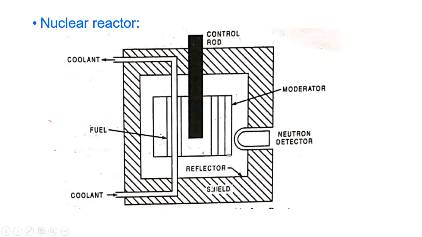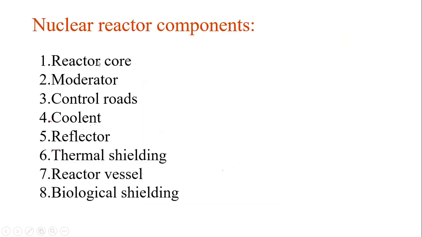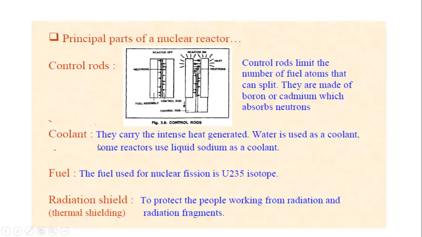In the shielding, we have biological shielding and thermal shielding. These are the eight various parts of the nuclear reactor.